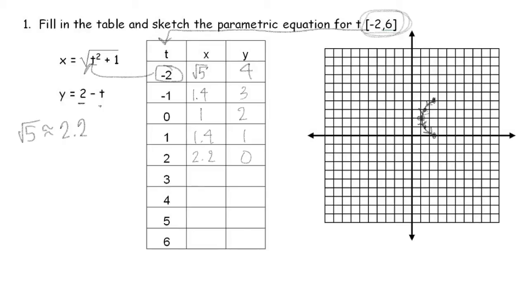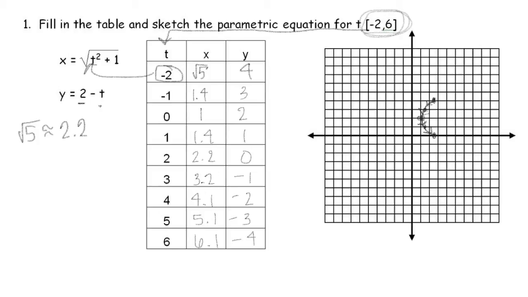And the next one, square root of 10, so about 3.2, and -1. I'm going to continue out. Square root of 17, about 4.1, -2. Plugging in 5, square root of 26 is about 5.1, -3. And then the last one, 6.1 and -4.